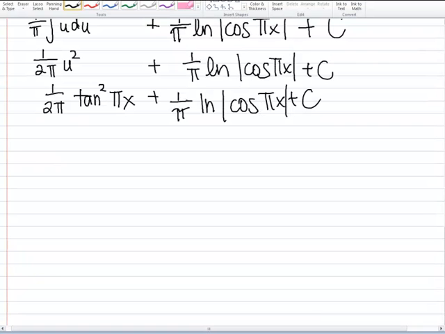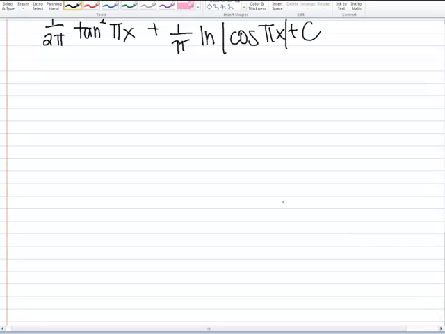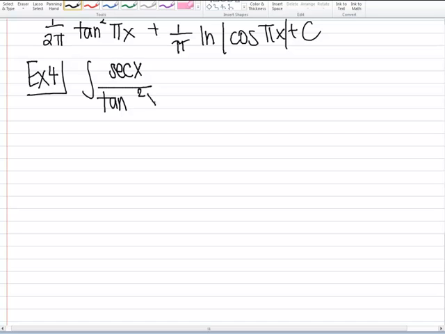All right, very last example. Example 4. What about integrating secant x over tangent squared x dx? We're going to think about this one a little bit differently.